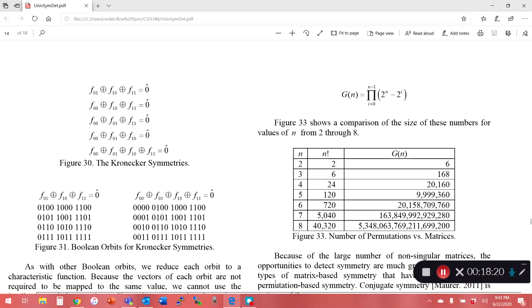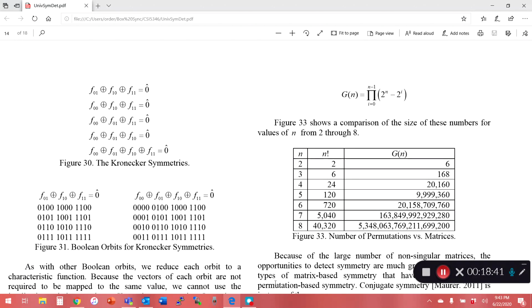One of the things that's intriguing about matrix-based symmetry is that the matrix groups are so much larger than the permutation groups. It gives us the possibility of finding many, many more types of symmetry, as we've seen already.